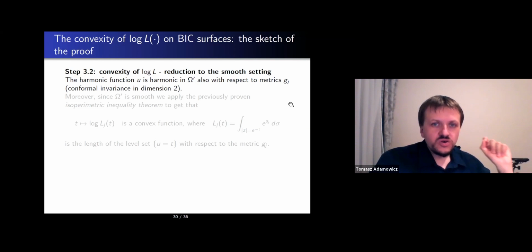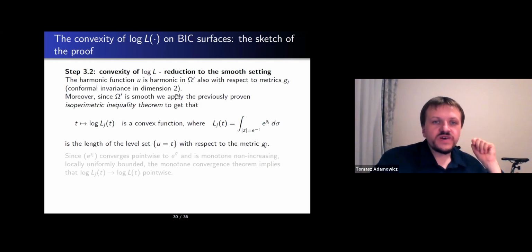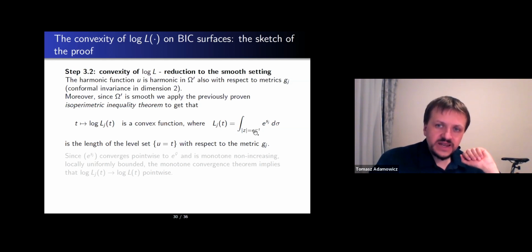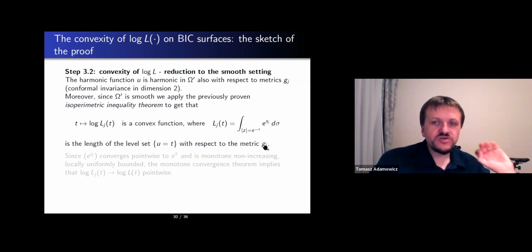So this allows us to use the isoperimetric inequality that we proved previously, applied to the functions L_j, which are the lengths of level sets of the harmonic function u, but with respect to the metric g_j. And then we may infer that the logarithm of L_j is a convex function.